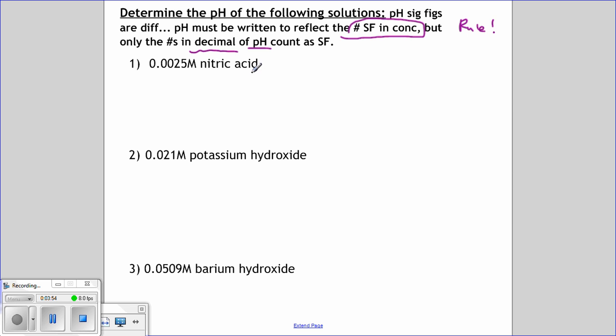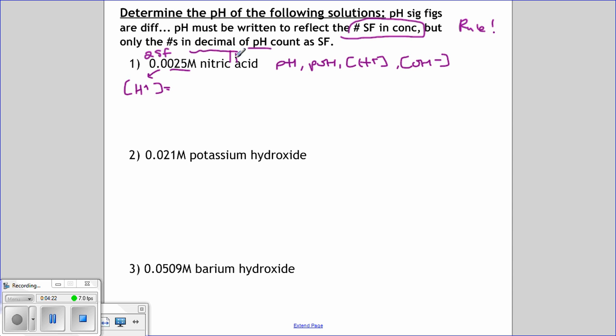All right, so if I want you to determine the pH, the pOH, the concentration of H+, and the concentration of OH-, and you're starting off with nitric acid, 0.0025 M. There are only 2 sig figs in the concentration, so your pH will have 2 decimals. So this right here is equal to the H+ concentration, because you have an acid.